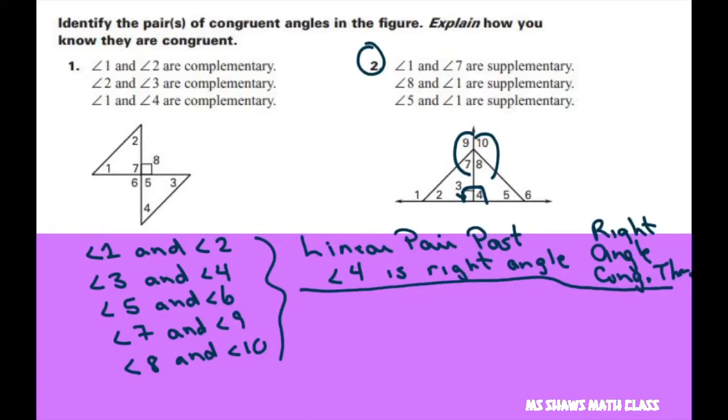by the congruent supplements theorem, that angle 1, angle 6, angle 9, and angle 10 are congruent. And also angle 2, angle 5, angle 7, and angle 8 are also congruent.